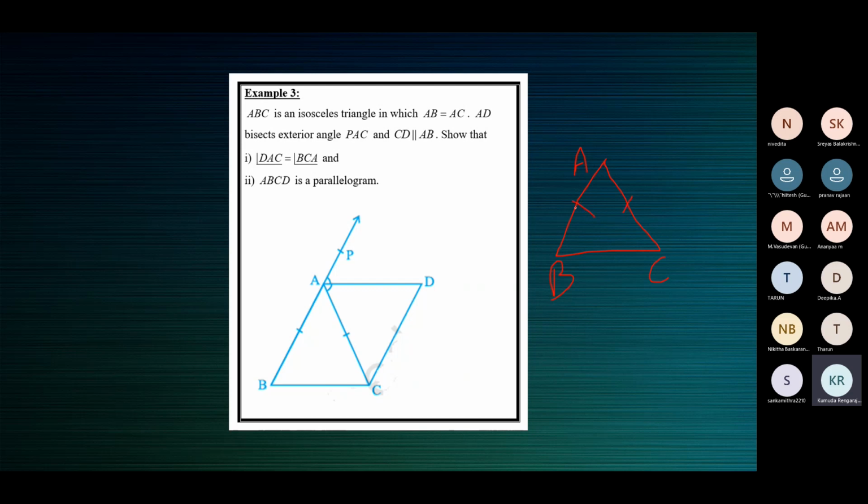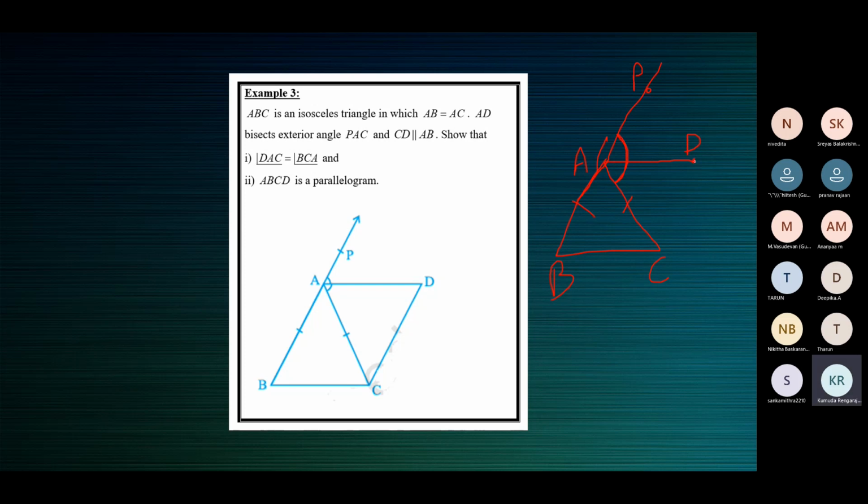The side BA is produced to a point P, so the exterior angle PAC is formed. AD is the bisector of the exterior angle PAC. That means if the angle is 120 or 130 degrees, it will become 60 or 65 each. The angle is bisected by AD.